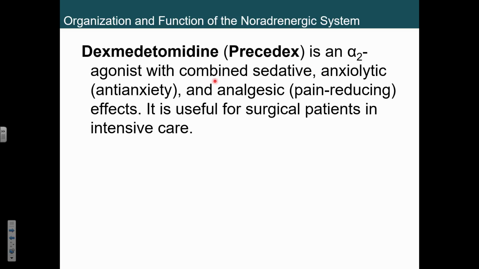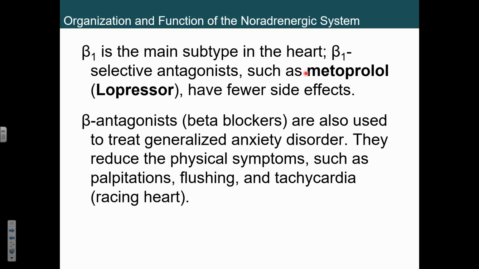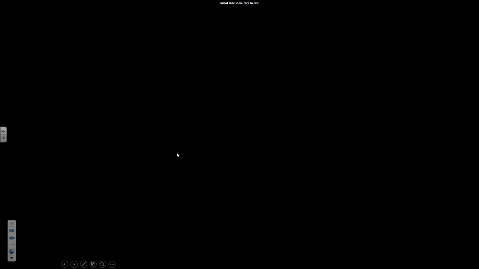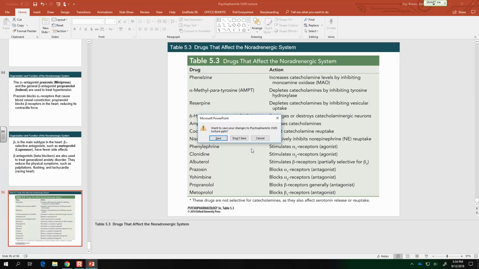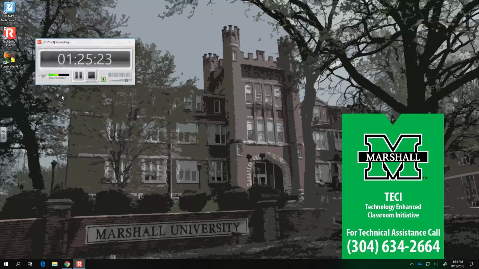Some of your alpha-2 agonists you can combine with sedatives, other things, right? Whatever you want to do. There aren't a lot of things here that I think you need to think too much about. But here are some drugs that affect your noradrenergic system if you need to take a look at that. I'm not going to ask you a whole lot about that. I don't think you're going to see folks in that situation.